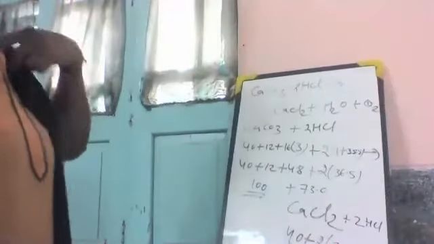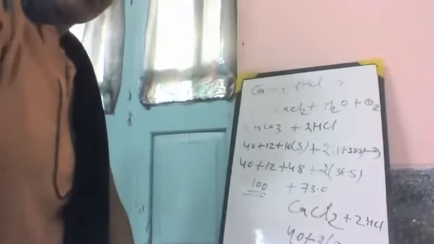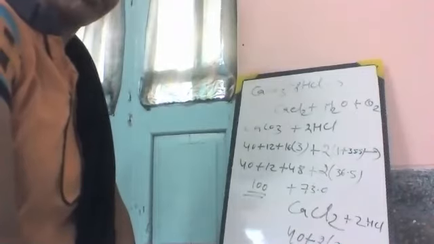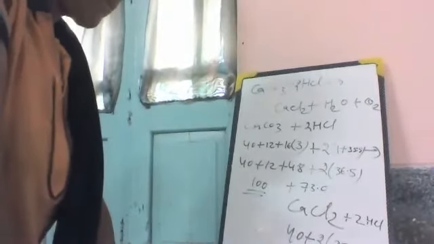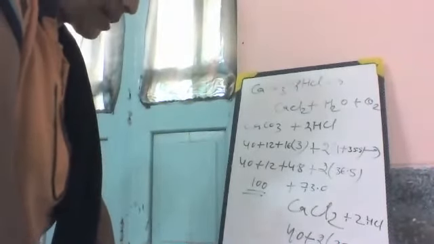This is the mass of the products. The mass of both sides is equal to the mass of the reactants.